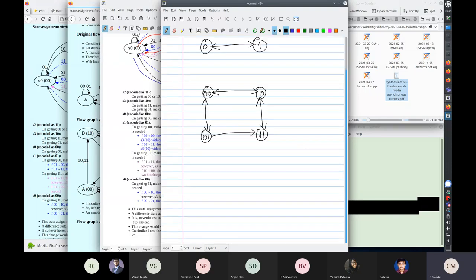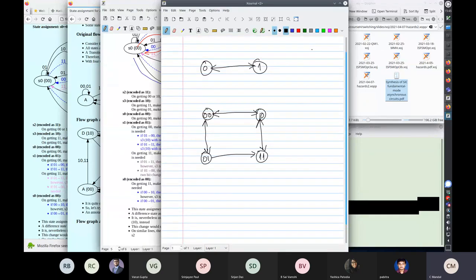Now we can also have a hypercube of 3 bits. So let me just draw it on this itself.